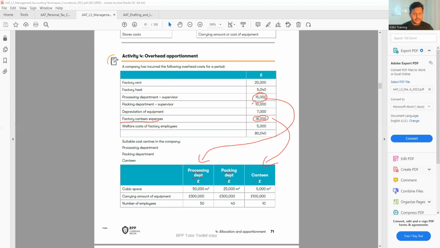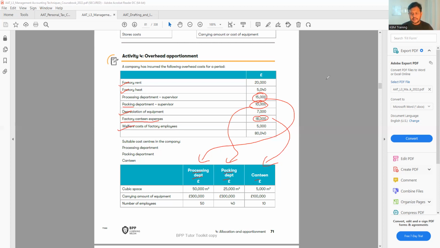The packing department supervisor, 10,000, goes straight to packing. With these three, we can see very clearly which department the cost belongs to, so you don't have to apportion it. Something that belongs to everyone, like rent, heating, depreciation, and welfare of the employee, has to be apportioned.